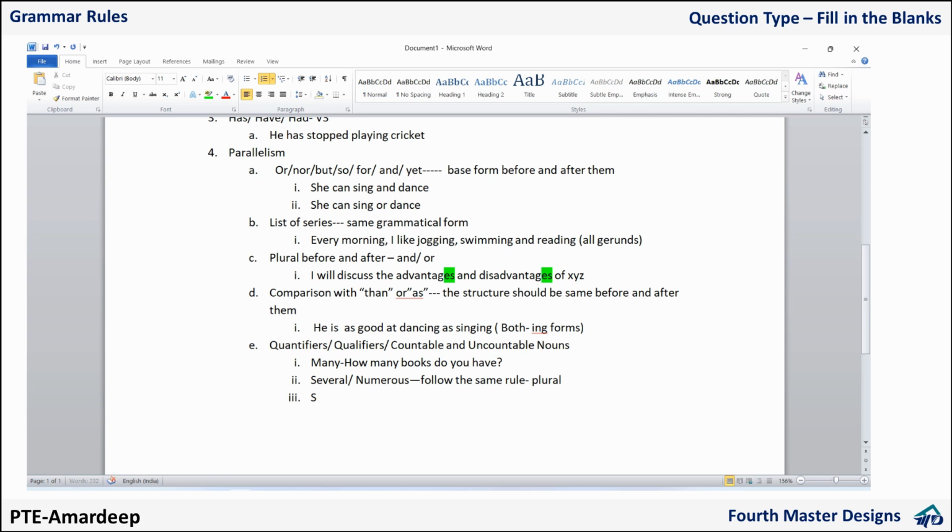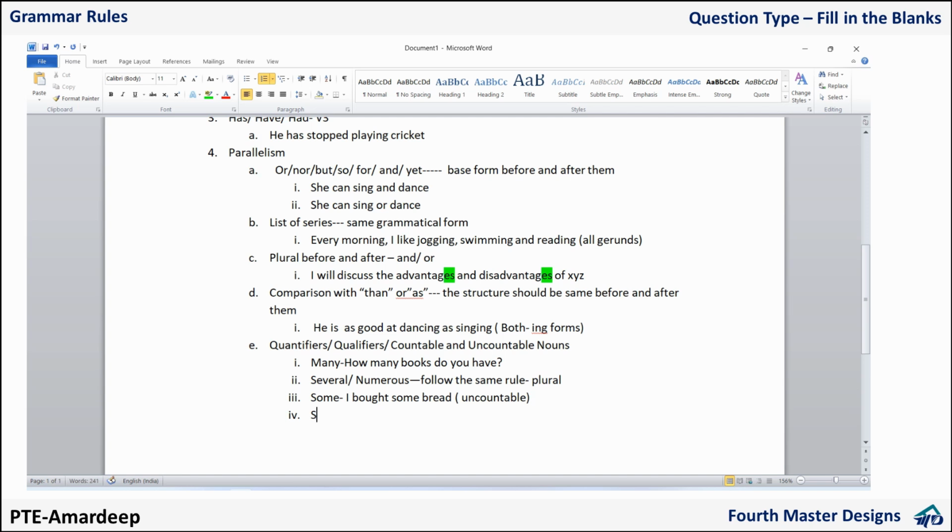Then we have some. Now in case of some, the rule is a bit different. It depends on countable and uncountable. For example, if I say I bought some bread, it is uncountable.